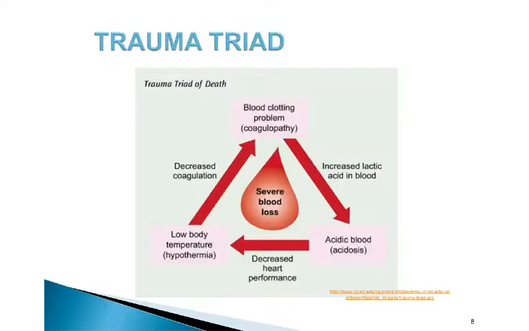So in addition to the initial injury, trauma patients can go on to deteriorate further. And it's common for critically ill trauma patients to suffer from hypothermia, acidosis and coagulopathy, so a blood clotting problem. Now, when these three occur together, it's known as the trauma triad of death.